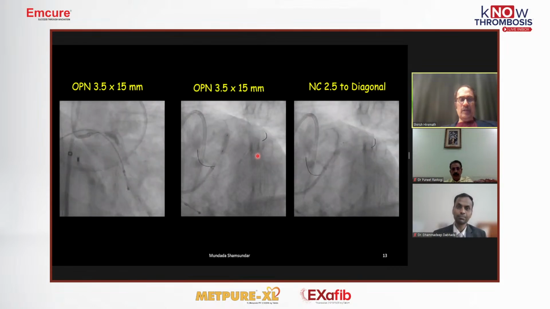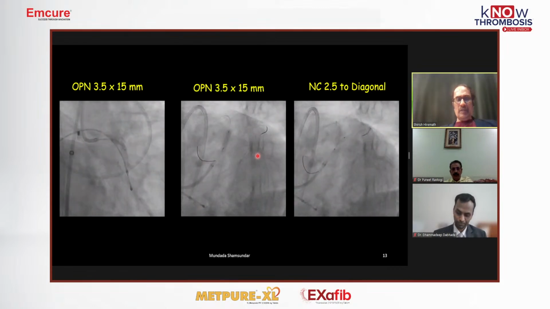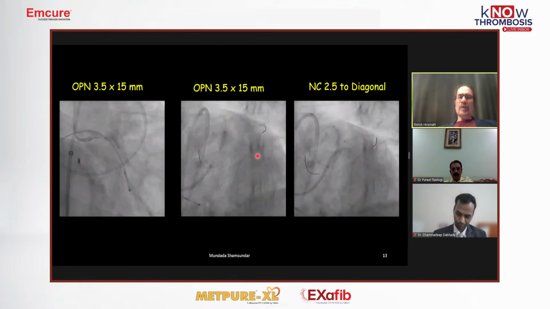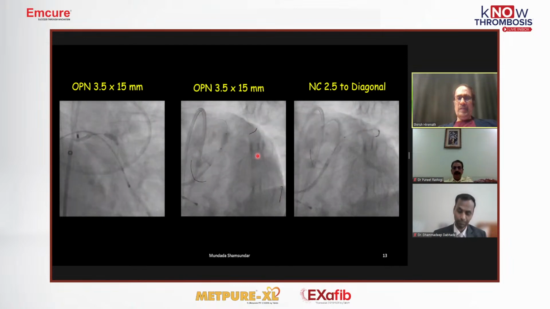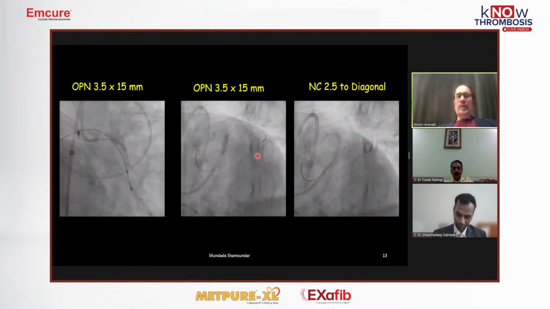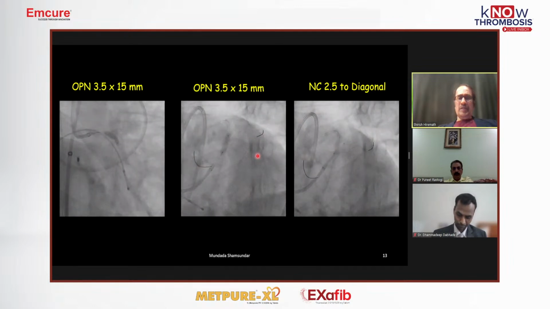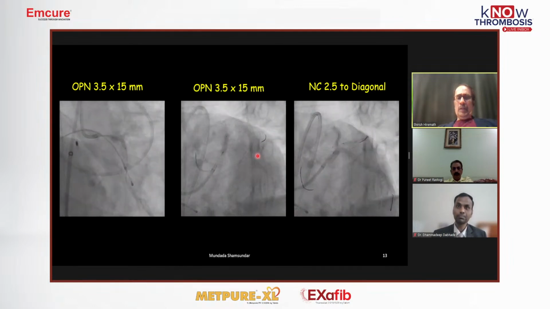And we also chose mini crush as our technique because this allows you to put a side branch stent first, and the patient would not go into failure because of mitral regurgitation.